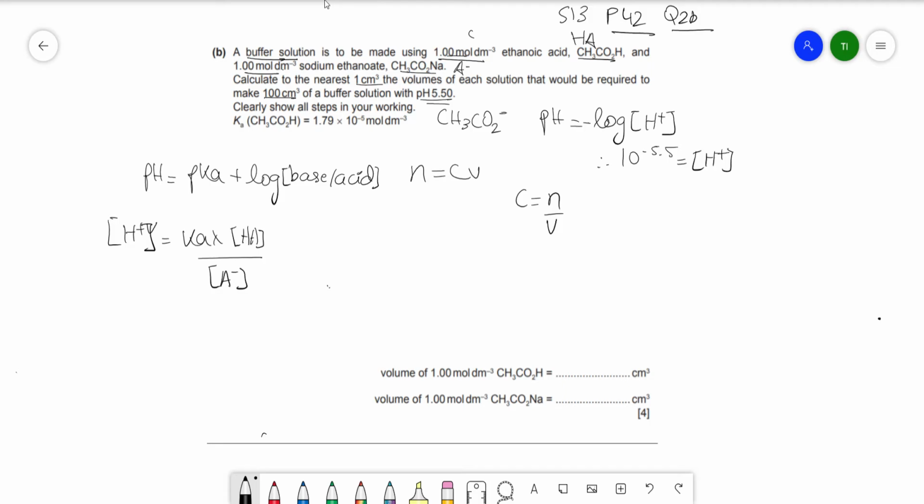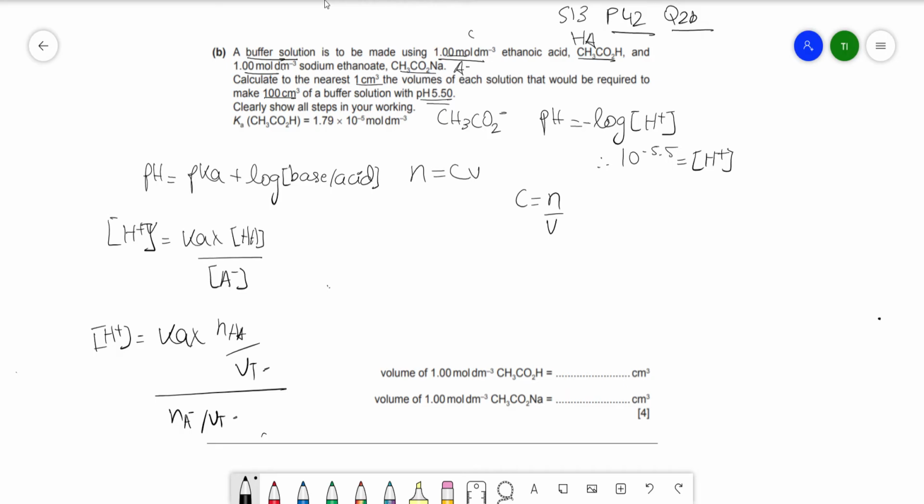So you substitute that: Ka times the concentration of the acid, which would be moles of the acid divided by the total volume, whole thing divided by moles of the base by the total volume. Now you may be questioning why the total volumes over here and over here are equal. Well, that is because when both the solutions, the acidic and the basic solutions, are added together, their concentrations are calculated in the final solution.